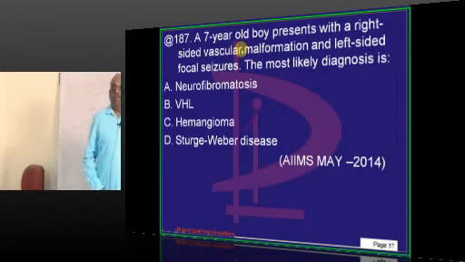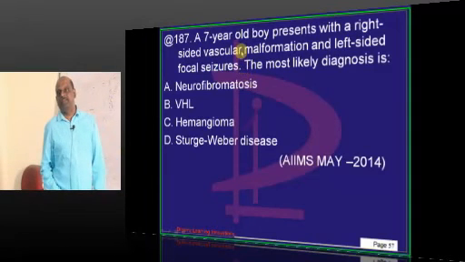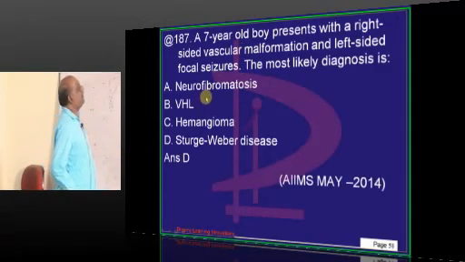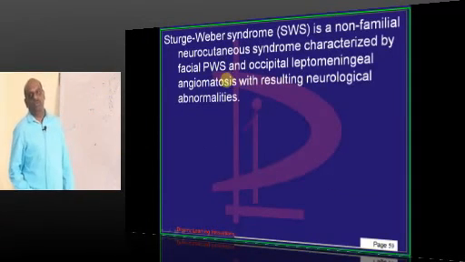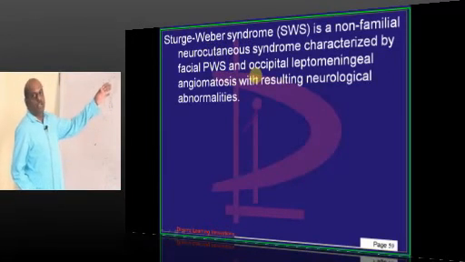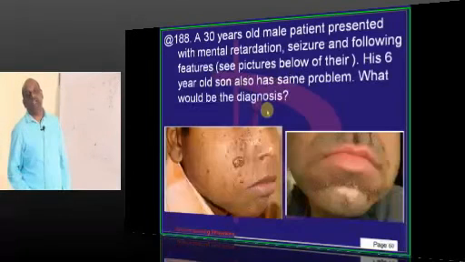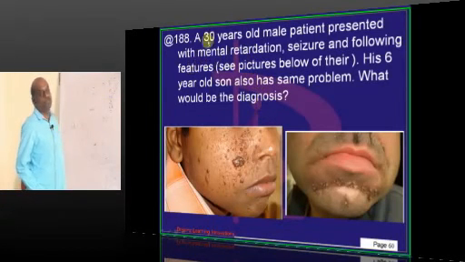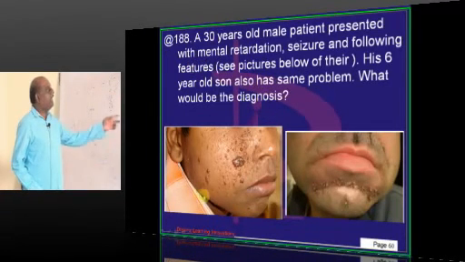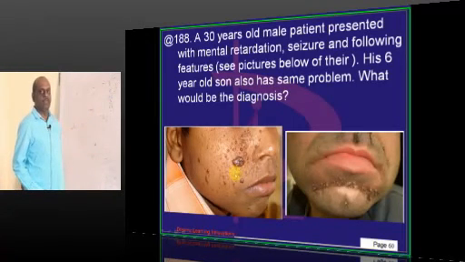7-year-old, right-sided vascular malformation, left-sided focal seizures. So which neurocutaneous syndrome are we talking about? Sturge-Weber classically is leptomeningeal angiomas along with neurological abnormalities, the combination. Now a clinical picture was given of a patient, not the same one, similar one.